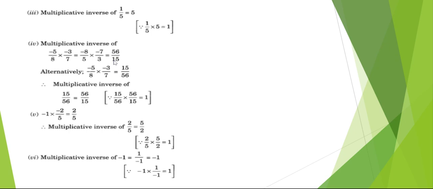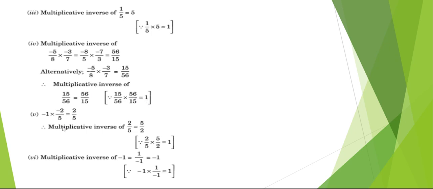As I just told you that there's another method. So alternatively, what you can do is minus 5 by 8 into minus 3 by 7, which is 15 by 56. And the multiplicative inverse of 15 by 56 is 56 by 15. So as you can see, 15 by 56 multiplied by 56 by 15 will give you the answer as 1. So you get the same answer in both the ways?